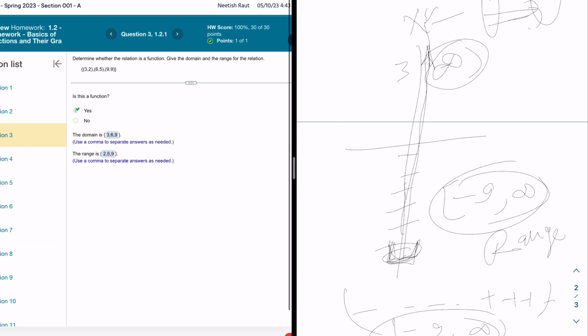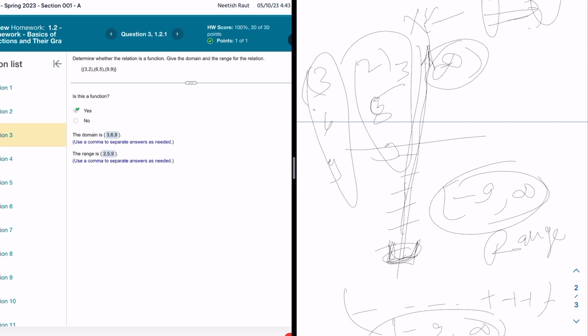Okay, we have to determine whether the relation is a function, and give the domain and range. So is this a function? 3, 6, 9 and 2, 5, 9. So we have these coordinates: 3 belongs to 2, 6 to 5, 9 to 9.